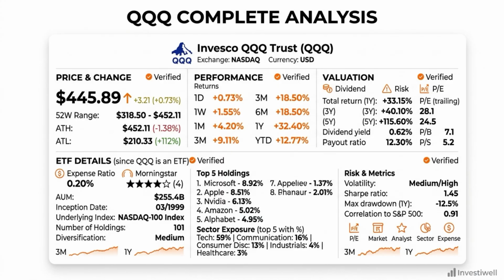All right, it looks tiny on the page. But you have to scale those small percentages back against that gravitational mass we discussed earlier. You mean the 255.4 billion AUM? Exactly. If you do the math, 1.37% of 255.4 billion means that Apelli, sitting quietly down at position number 7, still represents about $3.5 billion of real-world capital inside this fund.